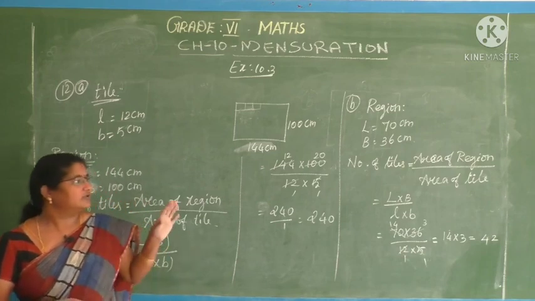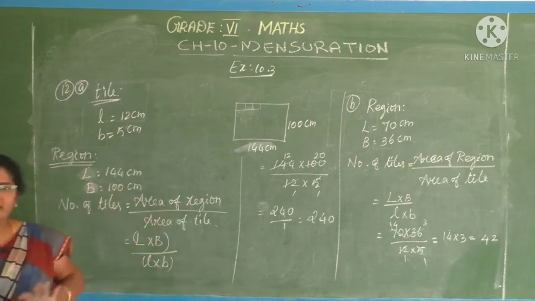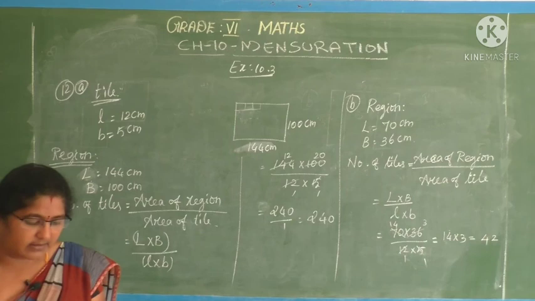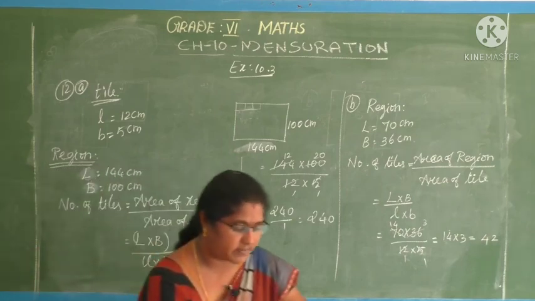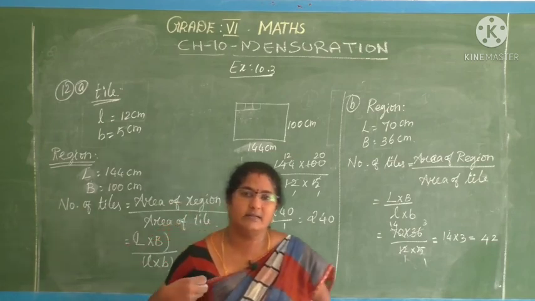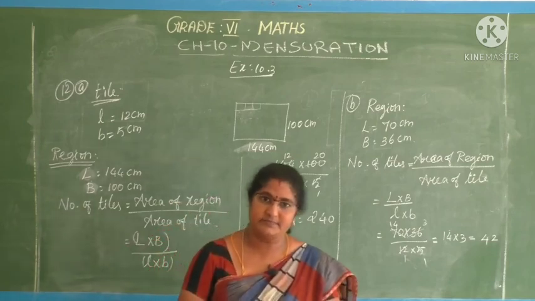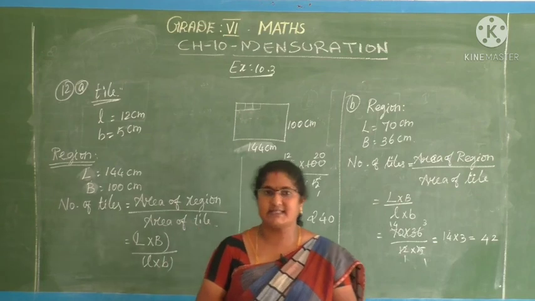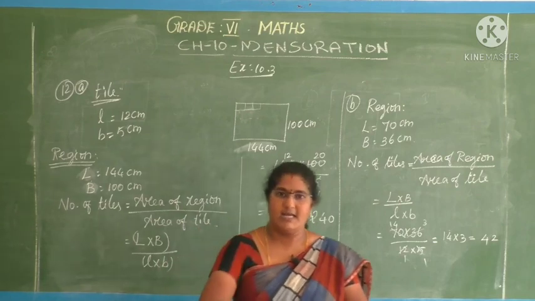Okay, write this down in your classwork. This chapter is over. In this chapter we have learned area and perimeter of rectangle, square, triangle, hexagon, pentagon, everything.